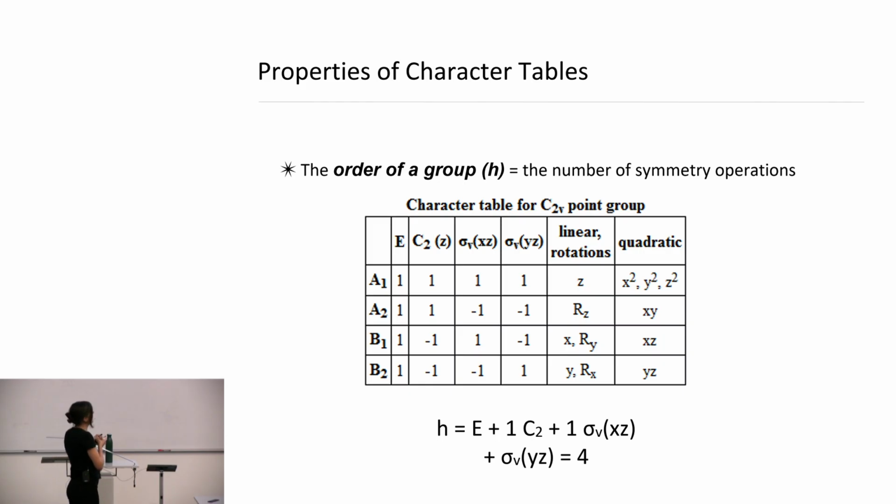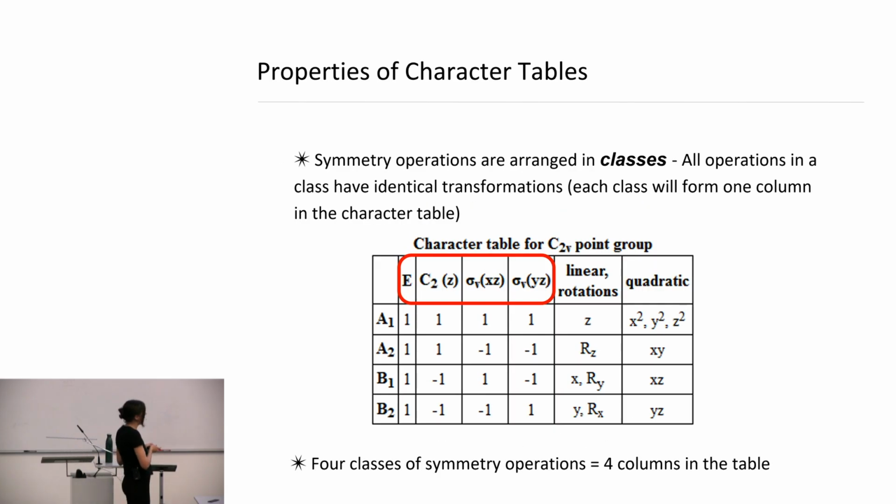The order for group H is the number of symmetry operations. And so in this case, I would actually have the identity once, a C2 once, because a C2 twice is E, it doesn't count again. I have 1 sigma V and 1 sigma V in the YZ plane, so it has an order of 4. And we arrange these actually in classes, so each one of these is a class.